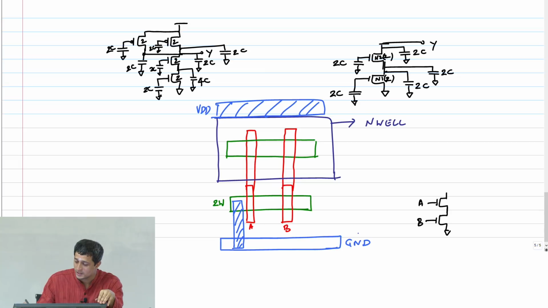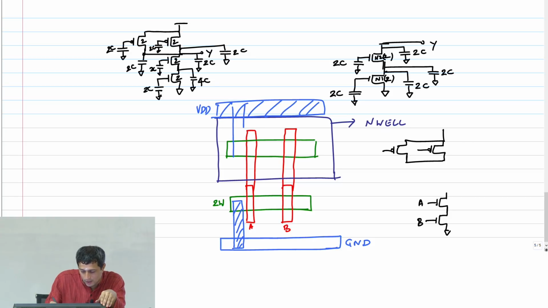So now what am I going to do? I'm going to construct this parallel PMOS stack, right, and take it up to VDD, right? So I'm going to simply connect this guy to VDD, this guy to VDD.